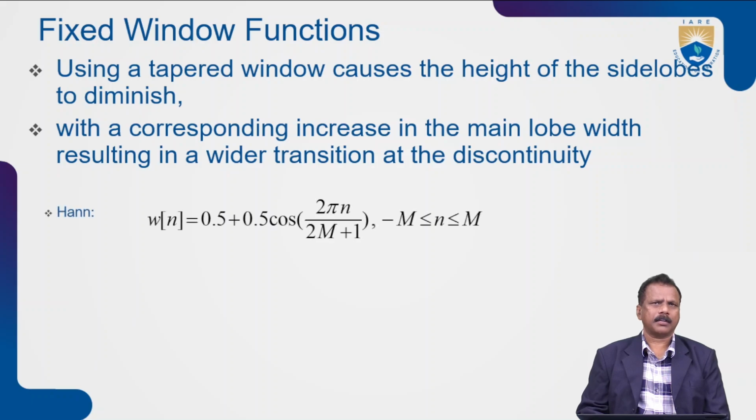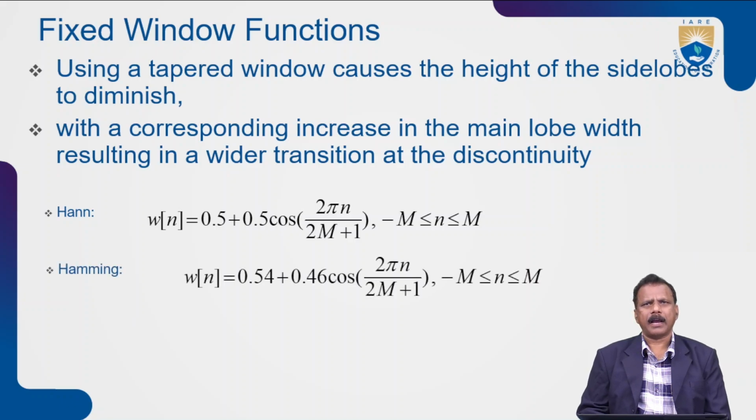If you are using the Hann window, w[n] = 0.5 + 0.5 cos(2πn/(2M+1)), in the interval −M ≤ n ≤ M. It is a fixed window like the Hanning window.